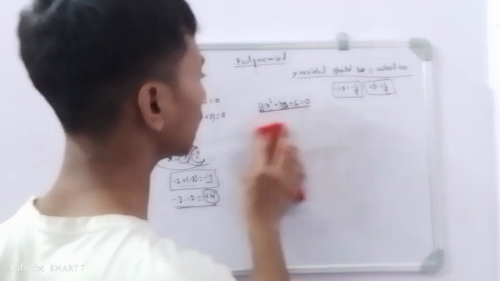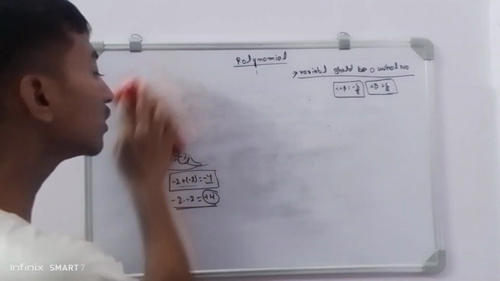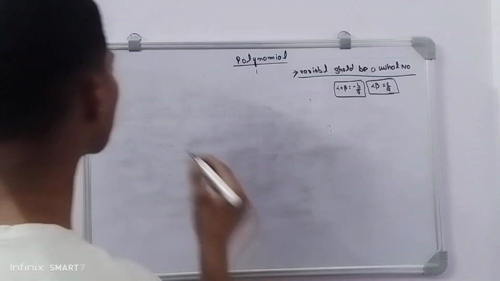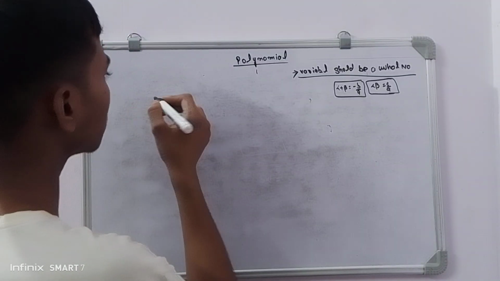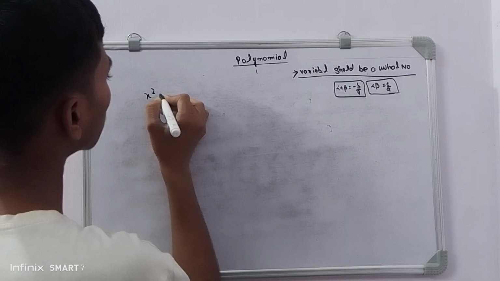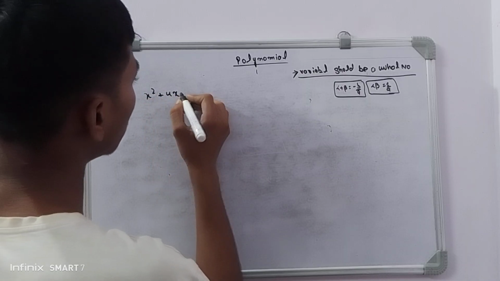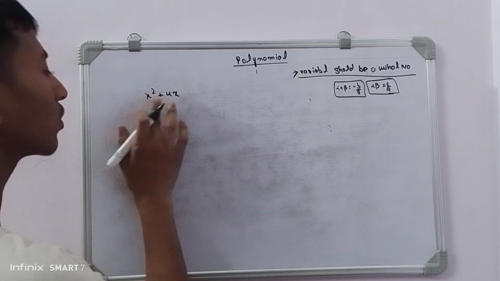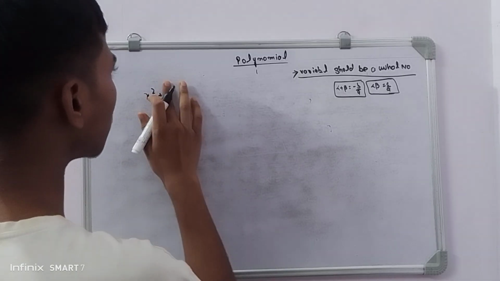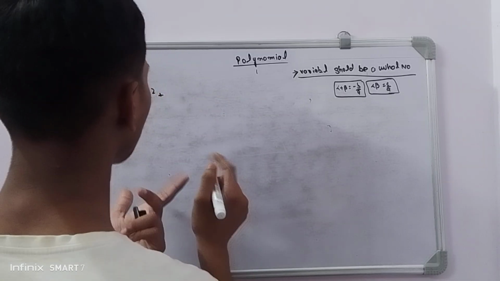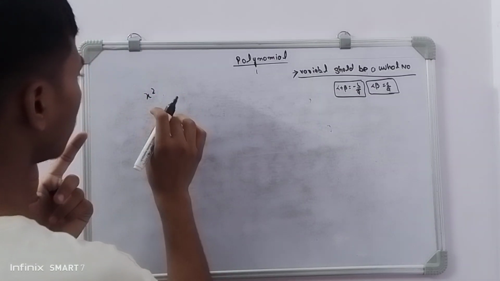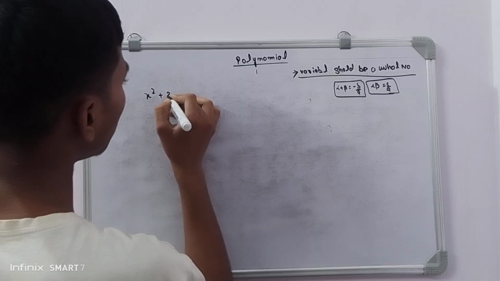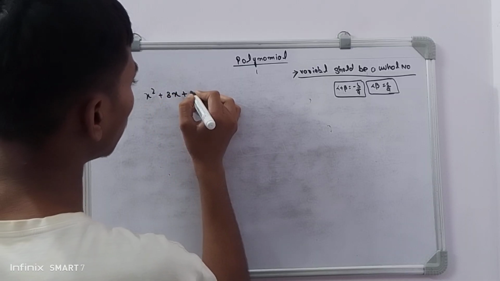So let's suppose I am going to talk about an interesting question based on this concept which will be asked in the CBSE board examination. Let's suppose we have an equation like x square plus 8x is equal to 8.